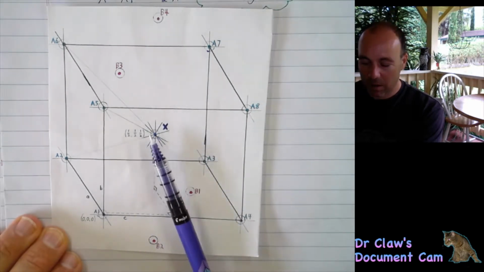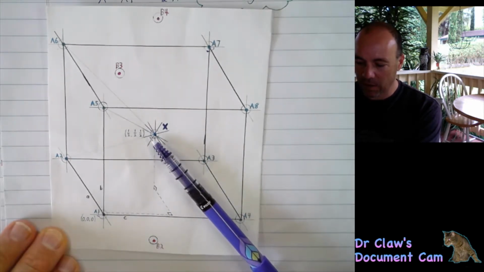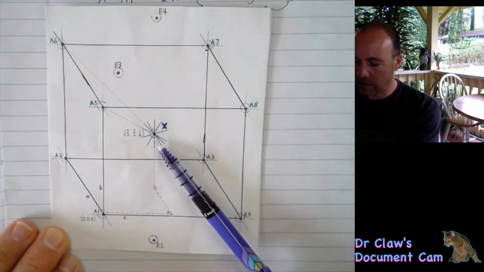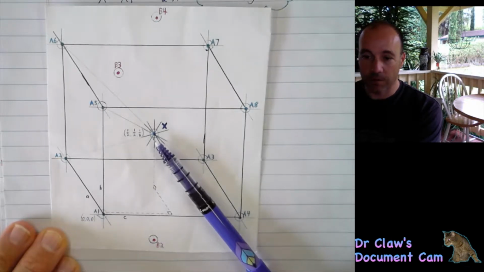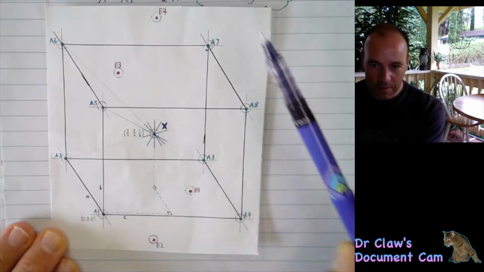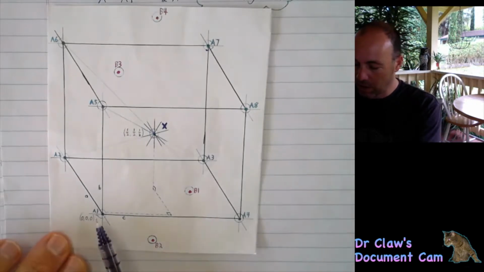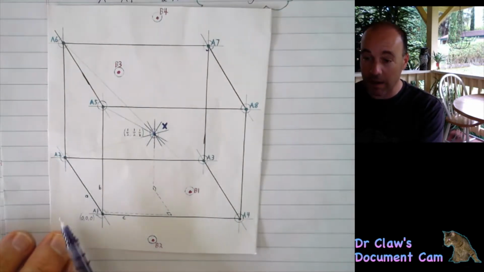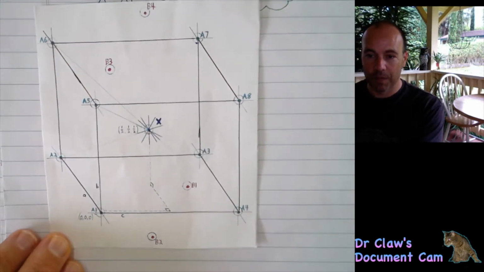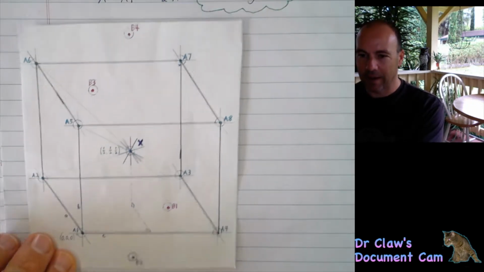Okay, this was 3.37, and that is 3.24. But in part B, all of the distances should be the same if this ratio C divided by A equals the square root of 2. Now this is very easy to calculate.